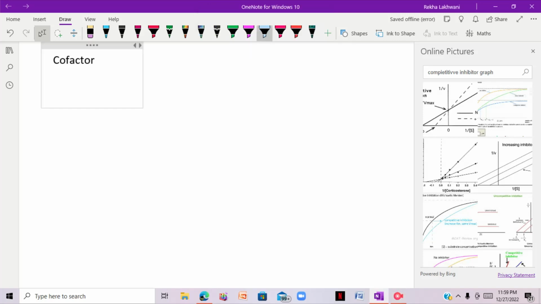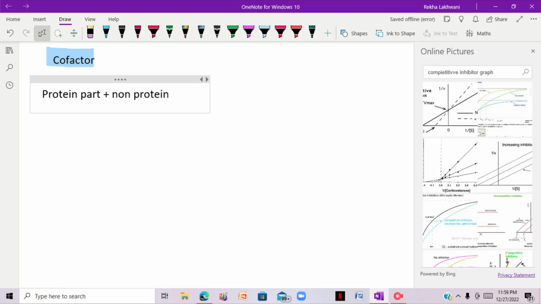So today we will talk about cofactors. But before talking about cofactors, you know, in an enzyme there is one protein part, the protein part itself, plus there is a non-protein part. When the protein part of the enzyme combines with the non-protein part, it is known as a holoenzyme.